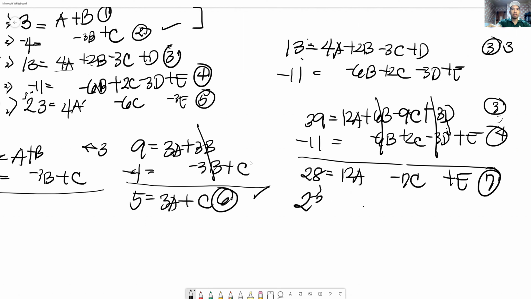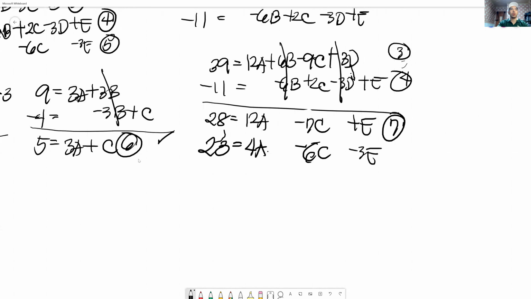So we have here 23 equals to 4A minus 6C minus 3E. So what we're going to eliminate is E. Let's eliminate E so that it can be equated with equation number 6. So we multiply 7 by 3. All of them would be multiplied by 3.